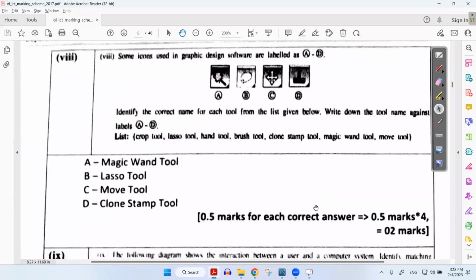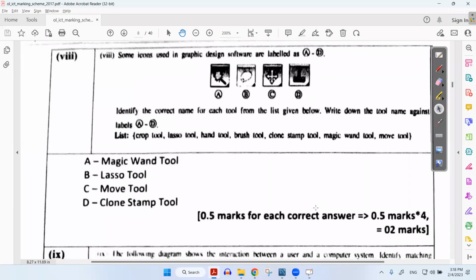Then in the eighth one, some icons used in graphic design software are labeled as A to D. So they are just asking you to find out what the names are from the list that they have provided. The first one is called magic wand or the fuzzy tool. The second one, B, is called the lasso tool. So what will the magic wand do?